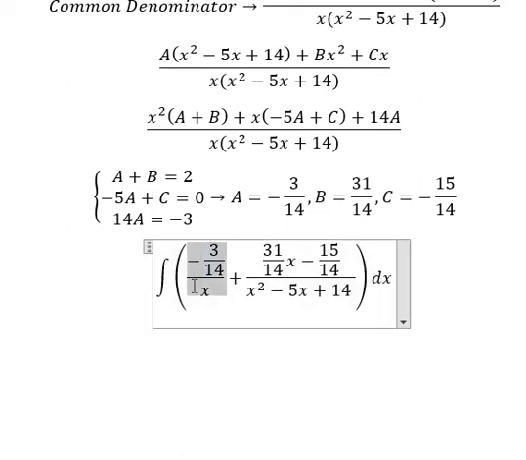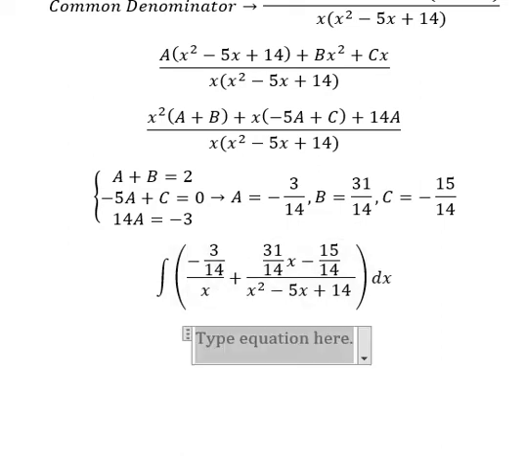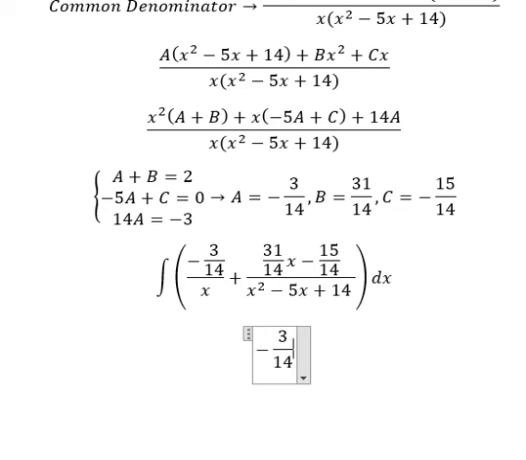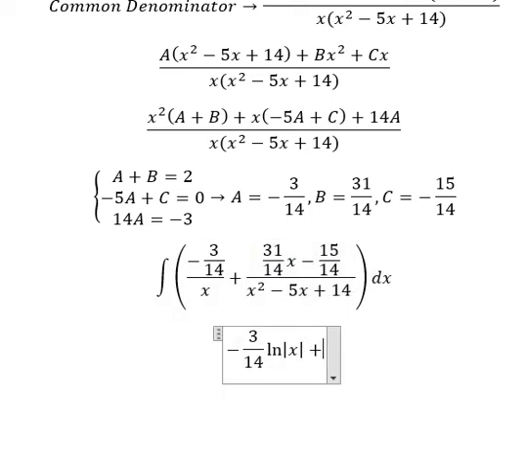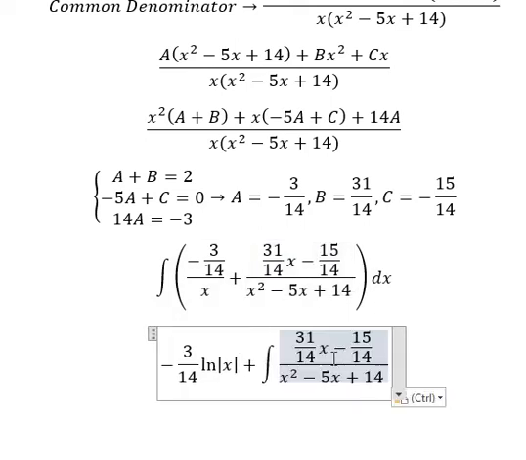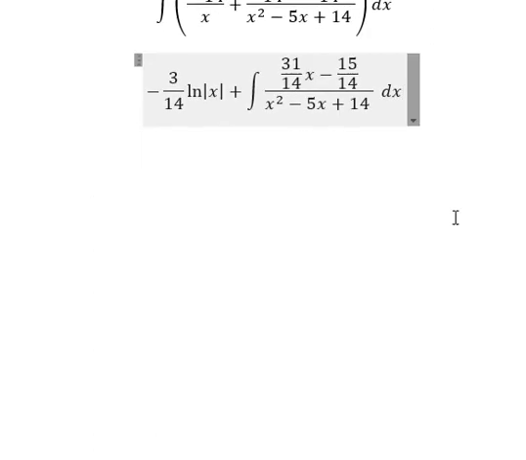So the integration of this one, we have negative number 3 over 14 ln of the absolute value of s. So we just concentrate on this one. Now we have this one in here.